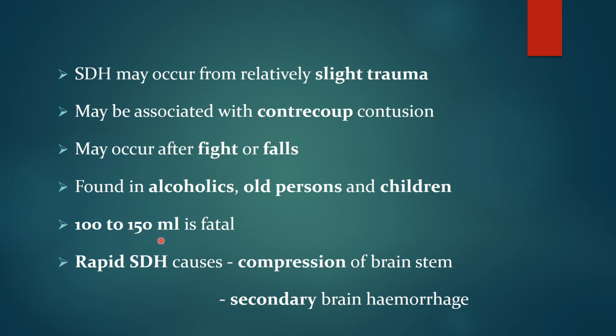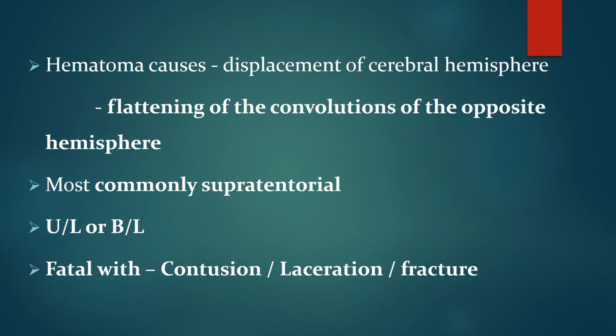100 to 150 ml is fatal, and in a head injury case, when the subdural hematoma develops rapidly, it will cause compression of the brainstem and secondary hemorrhage. Subdural hematoma can be unilateral or bilateral.